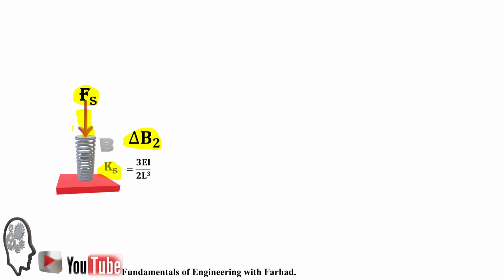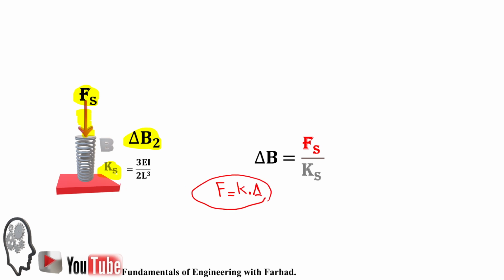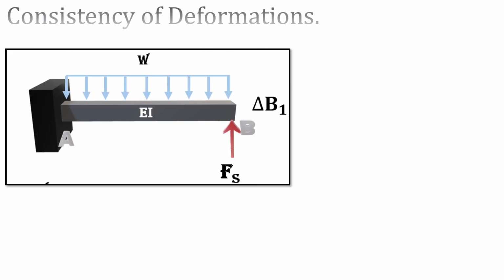The stiffness of the spring Ks is provided in the problem statement to be 3EI over 2L cubed, and delta B in a spring is F over K. We know from physics that F is equal to K delta for a spring system. So delta is simply equal to the force over the stiffness.